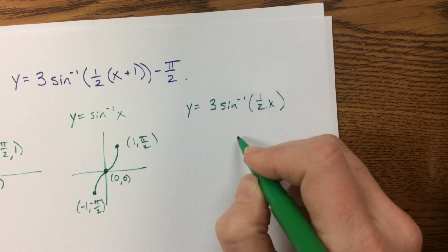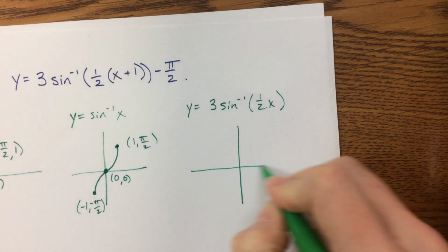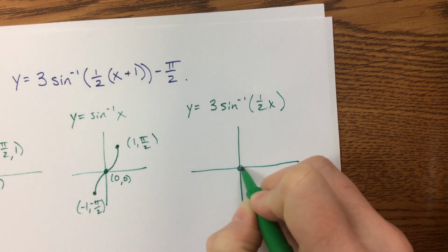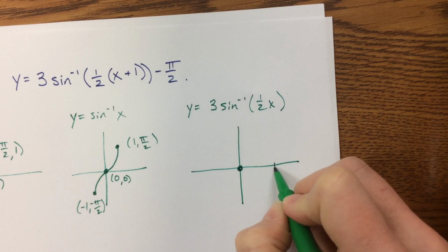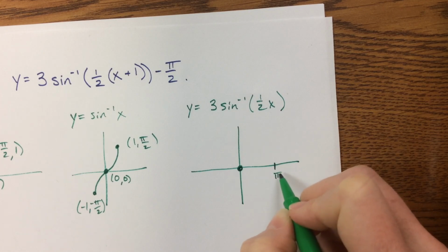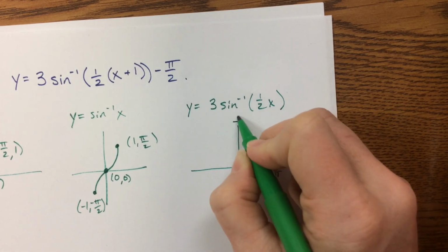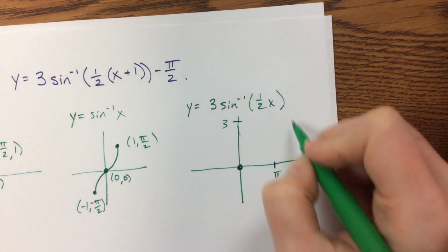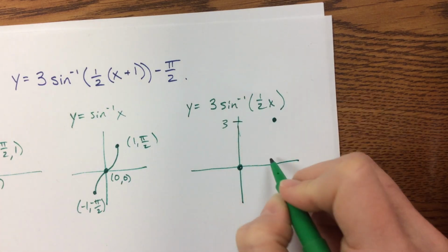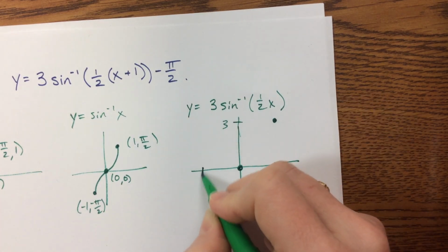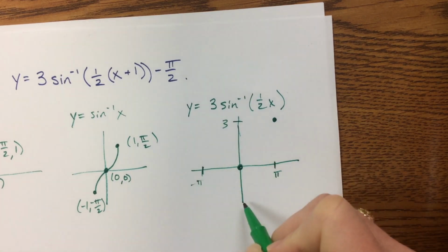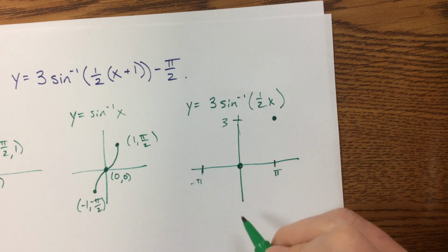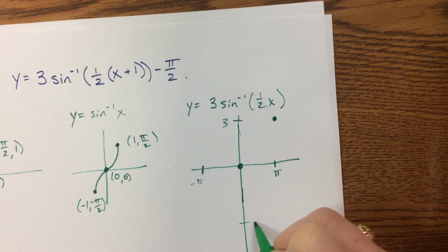Okay, so what happens here, my scale may not stay the same, but I'm going to label everything. I still have 0, 0, and now I'm pulling things out, so I'm going to come out to pi instead of pi over 2, and I'm going to come up to 3. So this is going to be that point here, and likewise this one is getting pulled to become negative pi, and somewhere down here is negative 3.